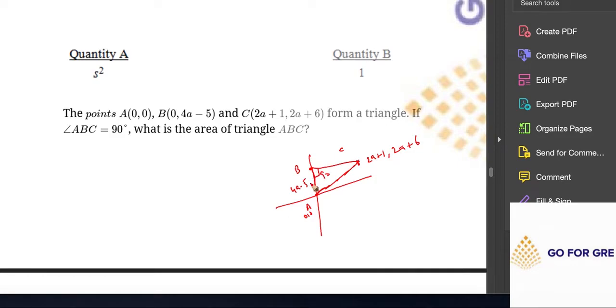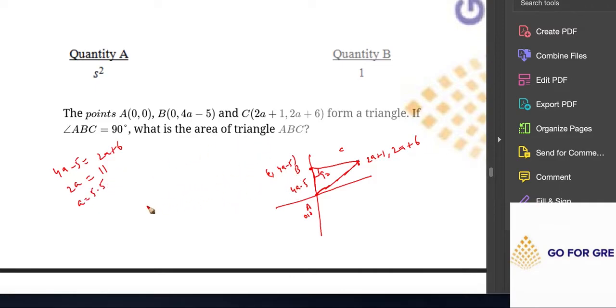Here it is the base and it is the height. One thing is important: because this point is (0, 4A minus 5), at first glance it seems a very difficult question, but this must be equal to 2A plus 6. So 2A is equal to 11, so A is equal to 5.5.